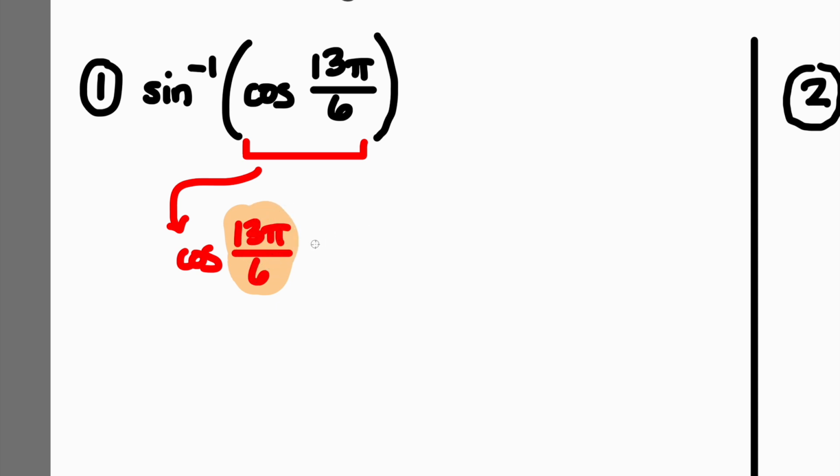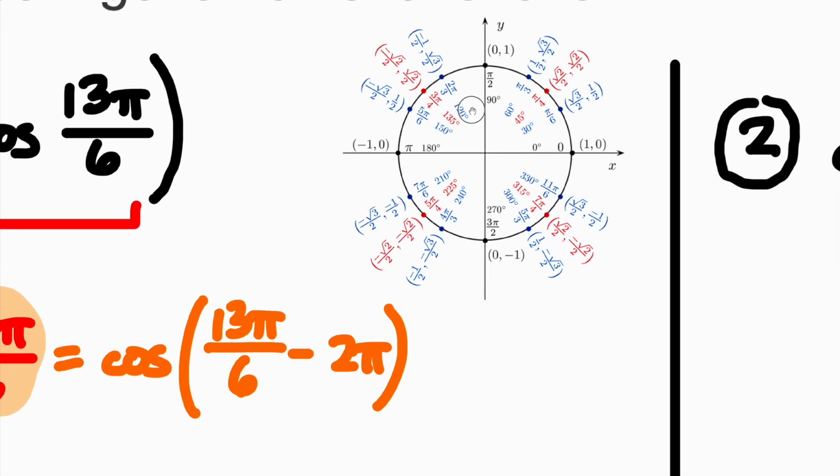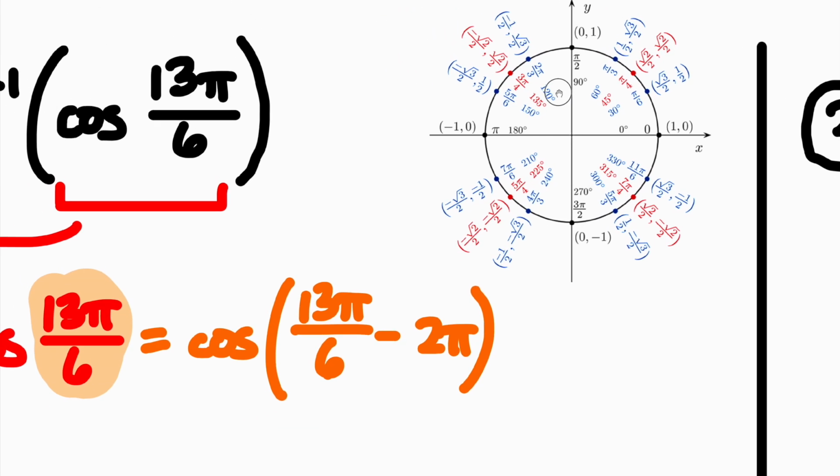So to do that, we're over the 2 pi, because 13 pi over 6 is over 2 pi. What we're going to do is subtract 2 pi on this, so you end up just going in a circle the other way. I pasted a unit circle in here to reference what we're looking at.